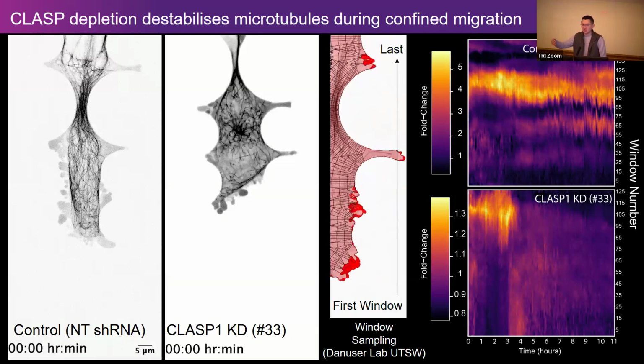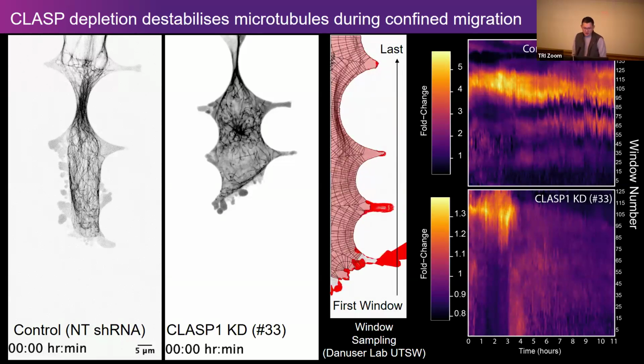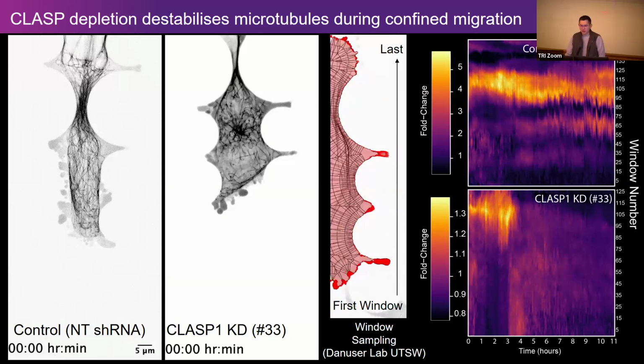The fold change in intensity goes up over time, whereas the ones with CLASP depletion quickly depolymerize. The other thing we notice with these cells is that when you deplete CLASP, they have quite a lot of difficulty getting through, which potentially points to an inability to generate force in the right areas.